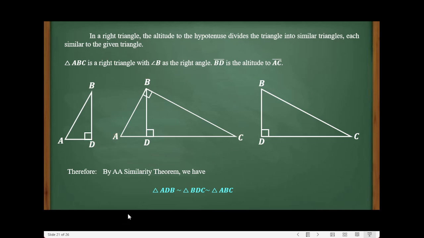If we write that mathematically, triangle ABD is similar to triangle BDC, which is similar to triangle ABC. And observe that we're not just writing the mathematical statement for the similarity of these three right triangles. We also see to it that we establish the proper correspondence of their vertices between any two of these three right triangles.